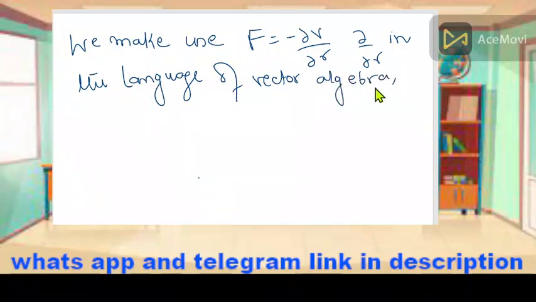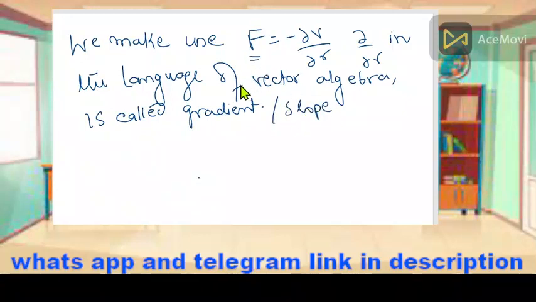Most of the time it is taught in a very crude manner. Sorry to say that, but it is a fact. But if you understand this, it is a very interesting topic. Gradient means slope. Gradient means slope. So we know this formula from the very beginning, from this equation.